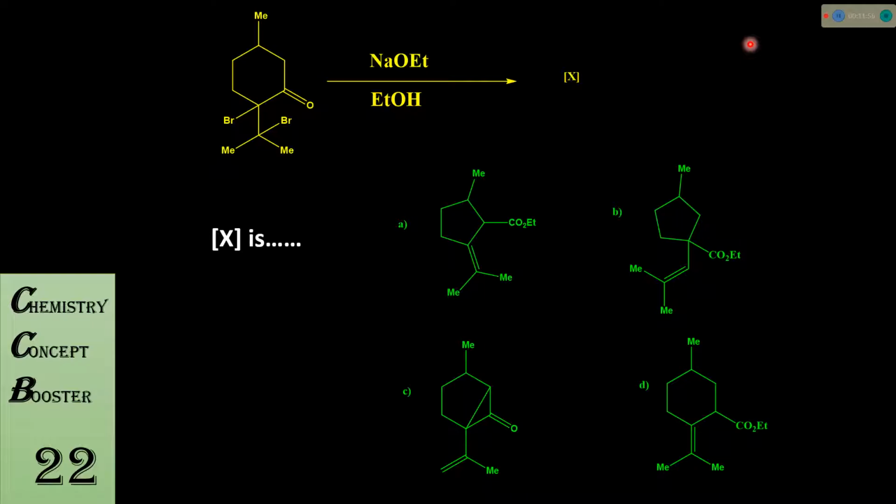So let's discuss this question. An alpha halocarbonyl compound is there, we are using a base, so there is a chance for Favorsky rearrangement. Then we will see later what the mechanism will be after formation of the Favorsky product.